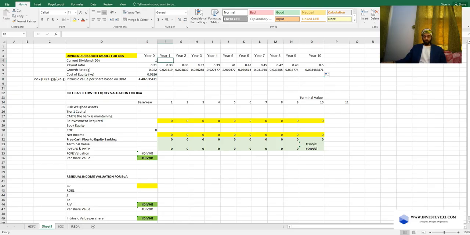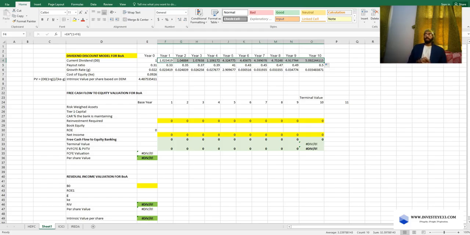The year 1 dividend becomes the year 0 dividend 1 multiplied by 1 plus the new revised growth rate, which incorporates the payout ratio increment, right, which is equal to 1.0234.